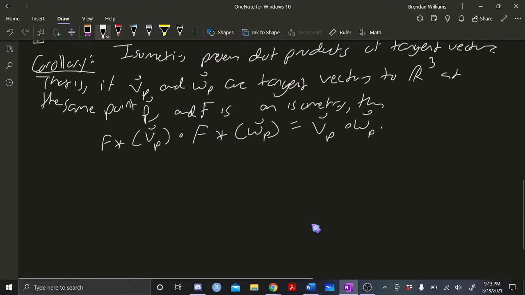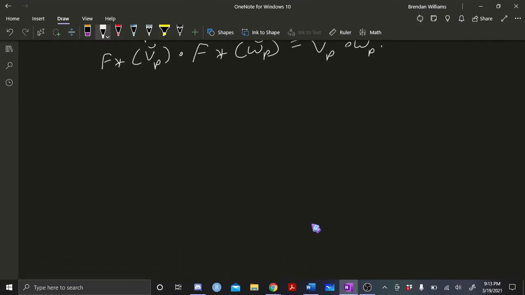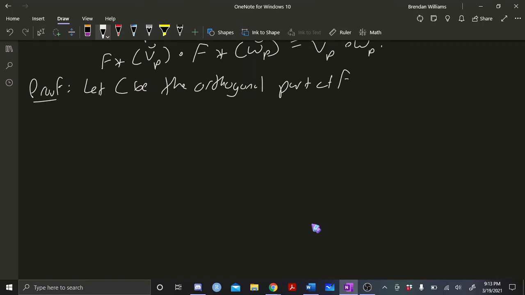Okay, so to prove this, we're going to let C be the orthogonal part of F, and we recall that C, being an orthogonal transformation, preserves dot products in R3.